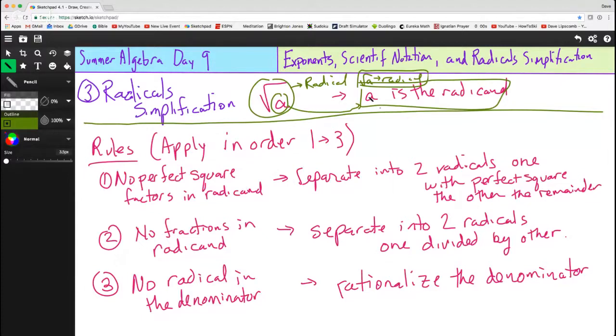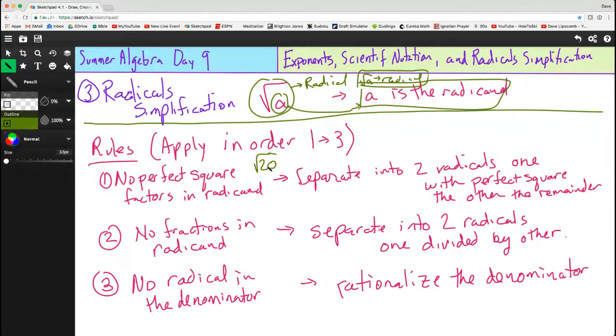Okay. Now, in order to apply our rules, I'm not going to do them here. I'm just going to show you what some rules are that need to be fixed. If you see the situation on the left, we do the thing on the right. So the square root of 20 is not simplified, right? We're talking about the 3 rules of simplification.